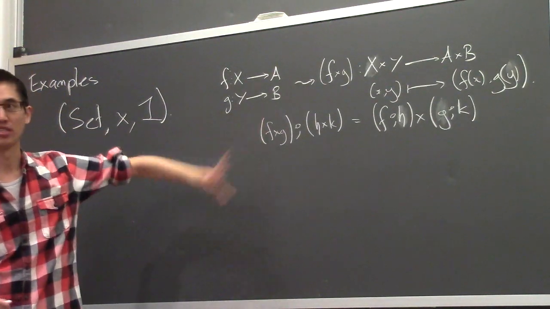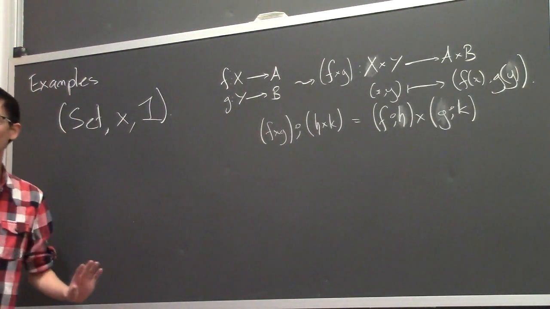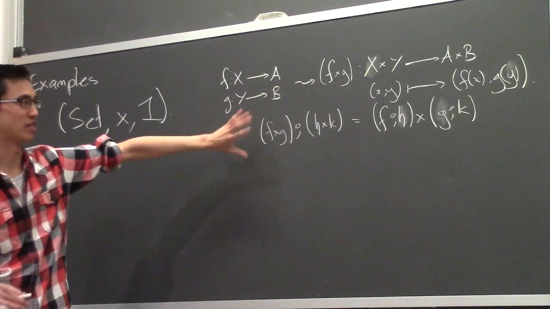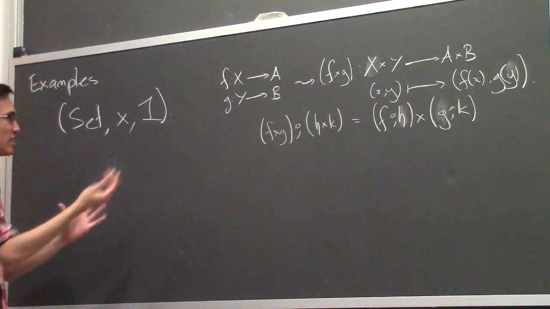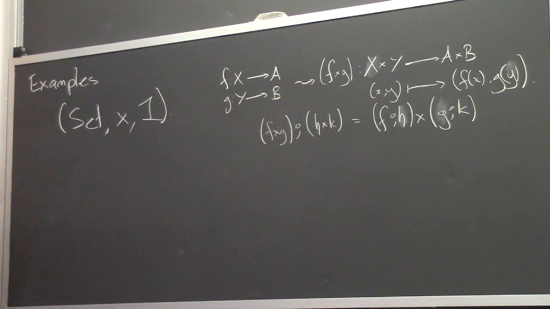I won't write down the domain and codomain of that function, but this is something that you can check, it holds true for functions, and that bears out the fact that this is an example of a symmetric monoidal category.